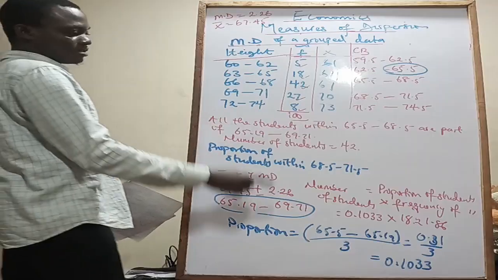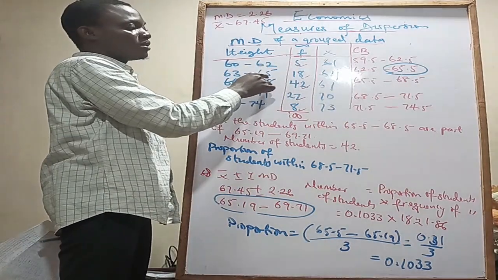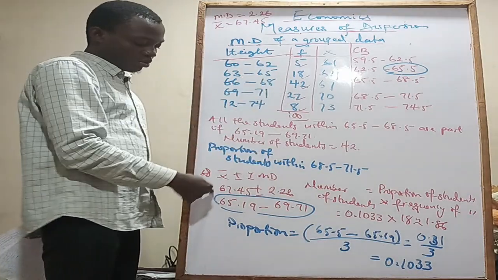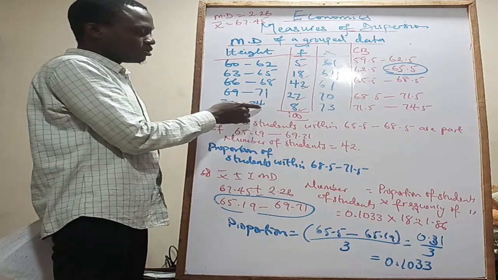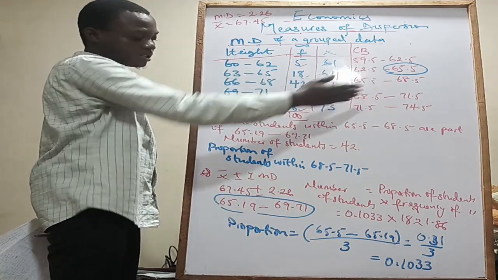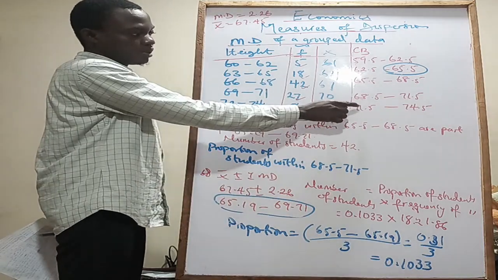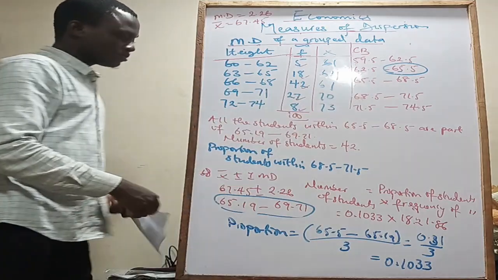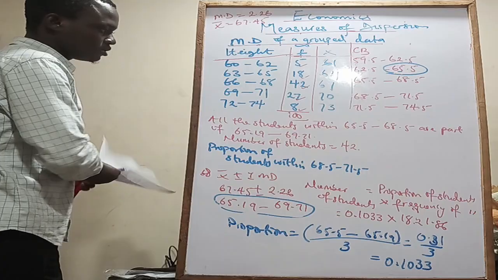When we started, it was the upper class boundary of this interval that we used to subtract our opening class boundary. But here, because it is ending now, it's not going to be 74.5. It's going to be where our interval is ending minus this opening boundary. That's just the end of the road for us.